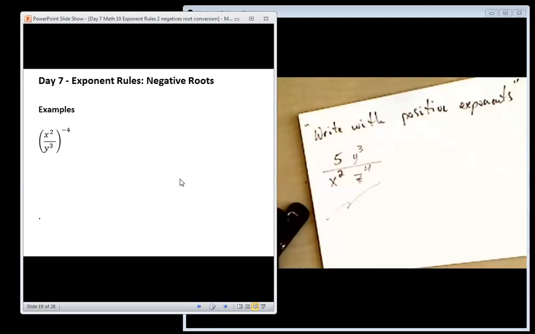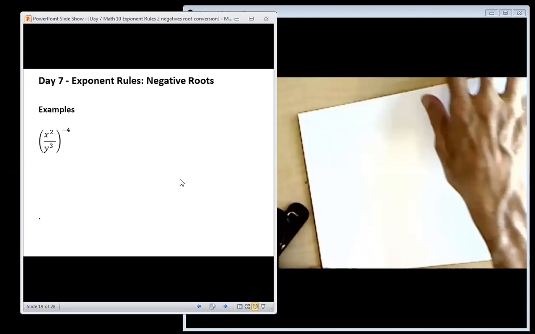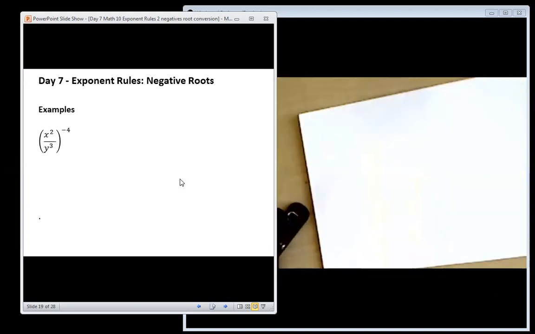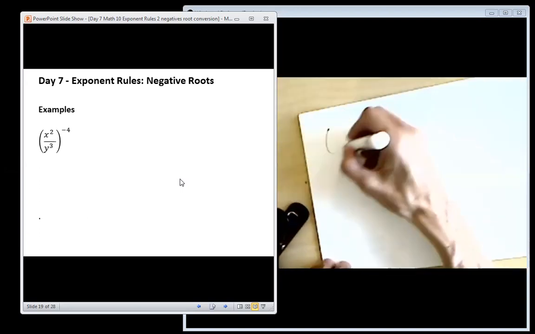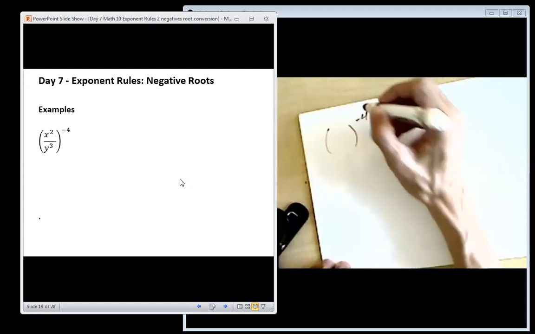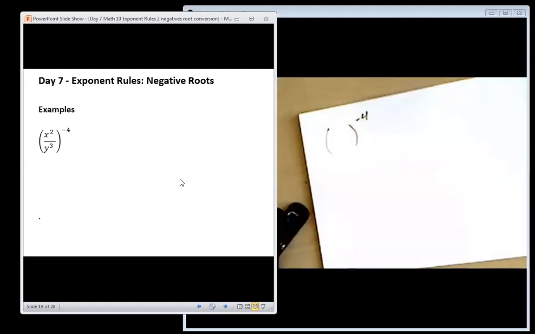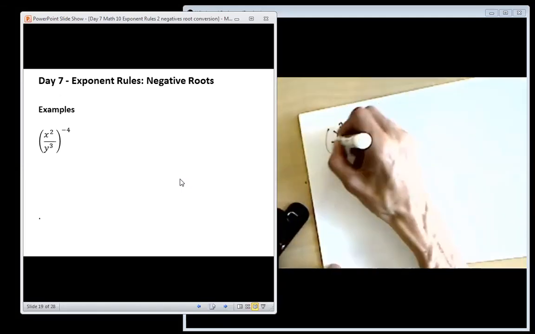Now, what would be the first step? Expansion. Yeah, it could do. What does that mean? Get rid of the bracket. Oh, yeah. Okay. So for this question, there are two different ways to go.